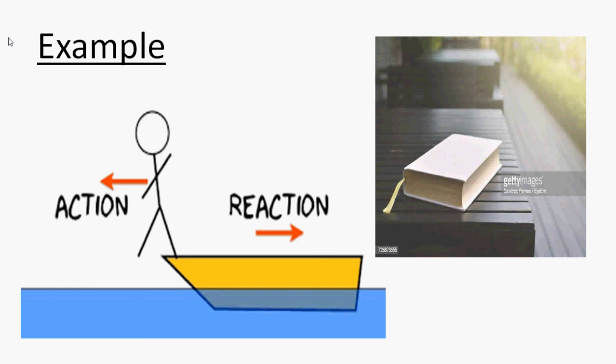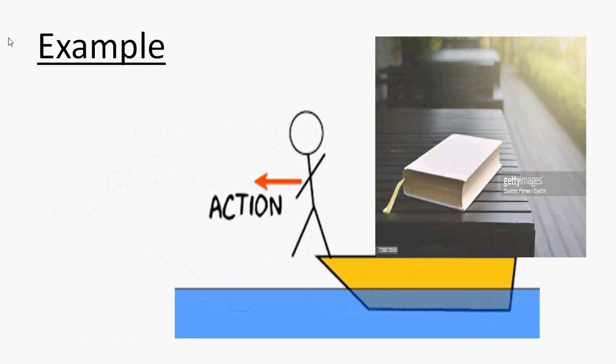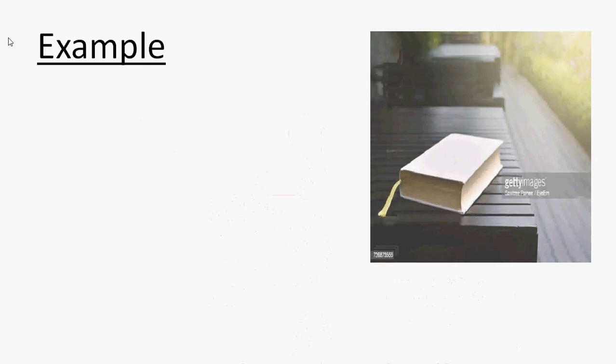And as much force as he is applying to get through the water, the same force is applied by the water to push that boat forward. He is applying force in the backward direction, and in turn a force of the same magnitude is applied by the water so that the boat moves in the forward direction.